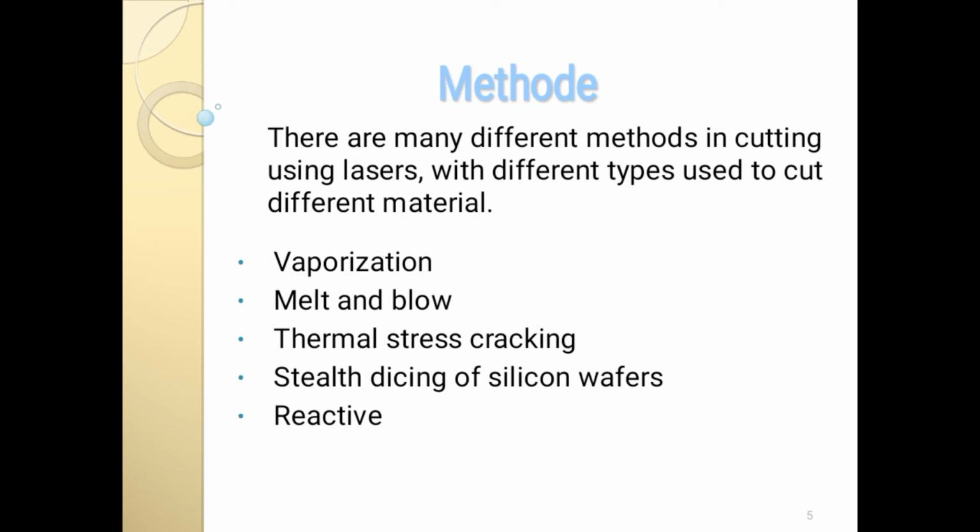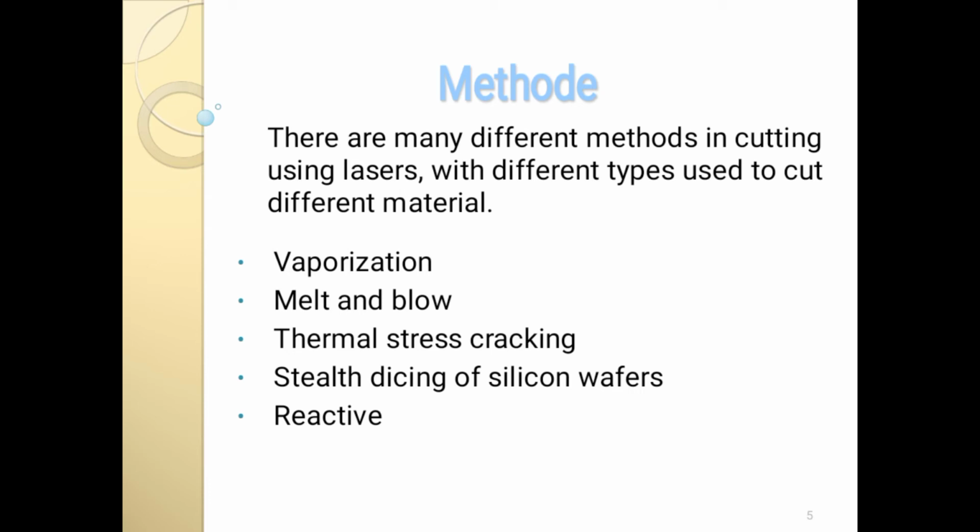The keyhole leads to a sudden increase in absorptivity, quickly deepening the hole. As the hole deepens and the material boils, vapor generated erodes the molten walls, blowing ejecta out and further deepening the hole. Non-melting materials such as wood, carbon, and some plastics are cut by this method.